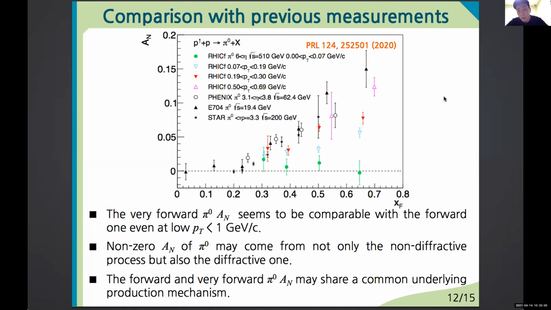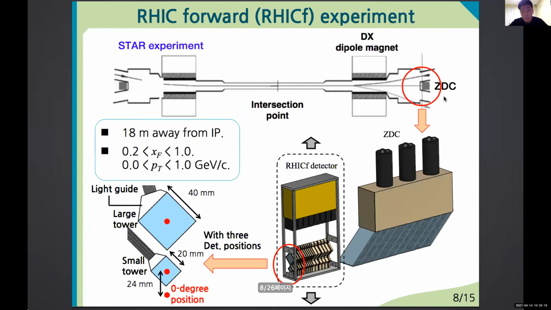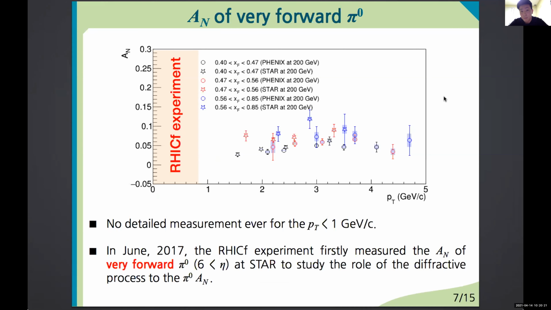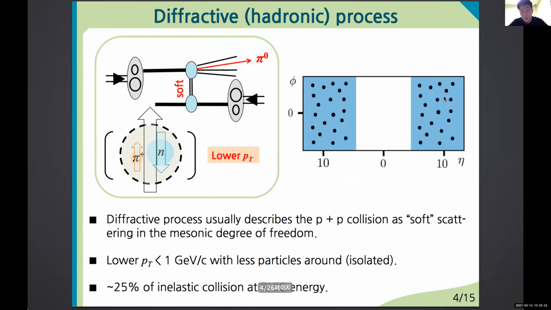So do you mean how I identify this 25% diffractive process? Yeah, exactly. How can you be sure that those contribute as diffractive? What did you use in order to estimate that? We expect a rapidity gap in the diffractive process, as is shown here.